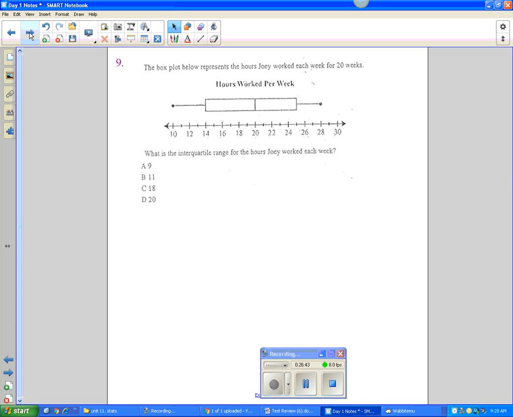All right, number 9. Faith, read the question for us. Good. Hallie, what should I circle? Good. LeVar, tell me about inner quartile range. What's the formula for that? Good.